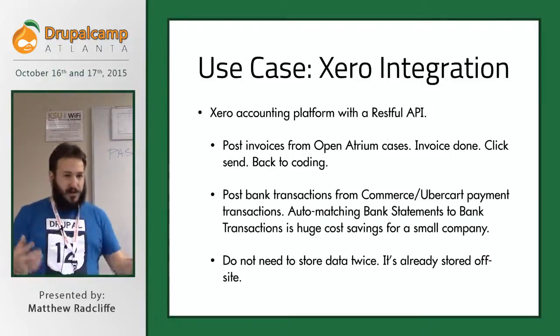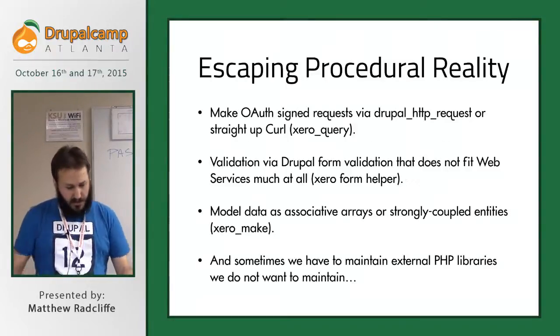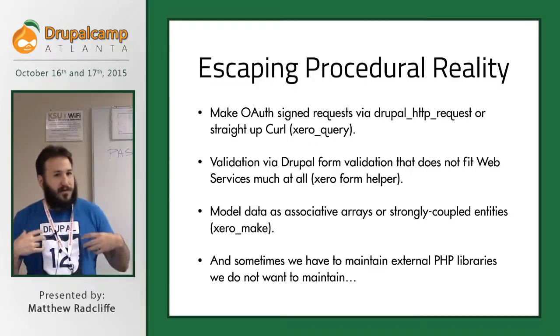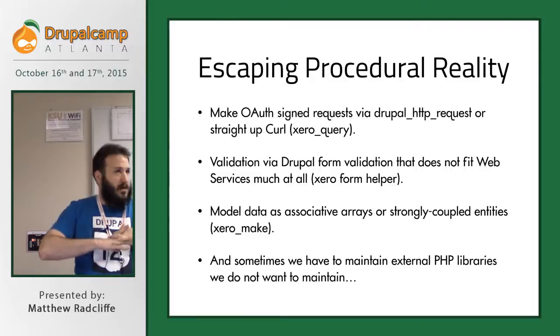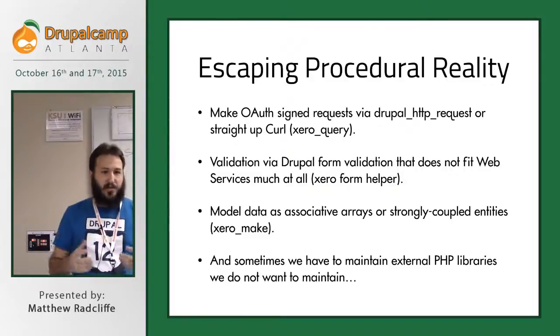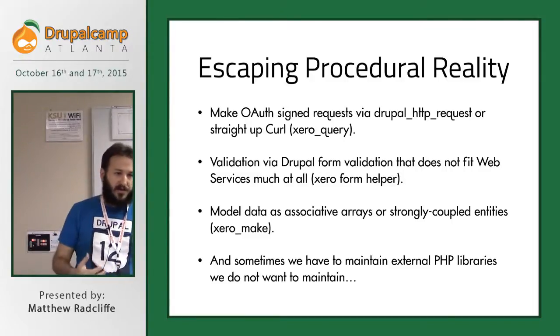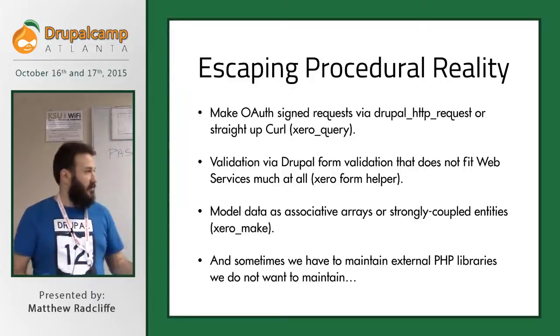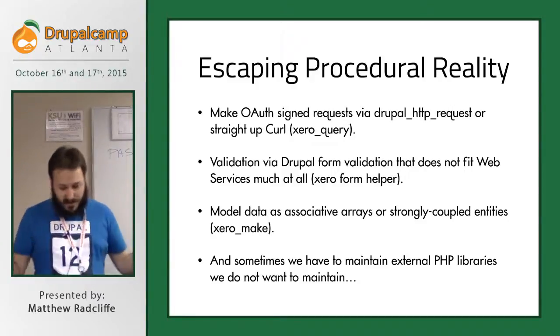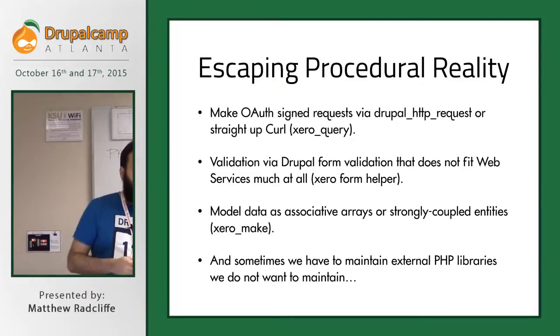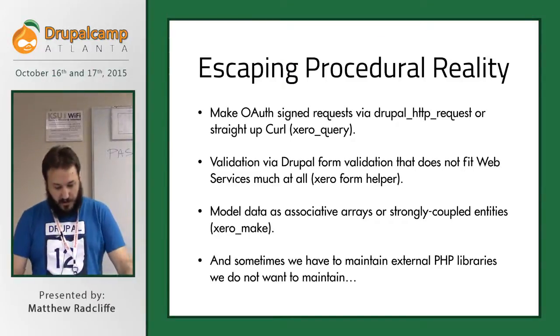I did this in Drupal 6 and Drupal 7, and that's done through basically a lot of procedural code. In order to explain the type data API and my uses of it, I have to explain what I was doing in Drupal 6. Xero does OAuth signed requests using curl.